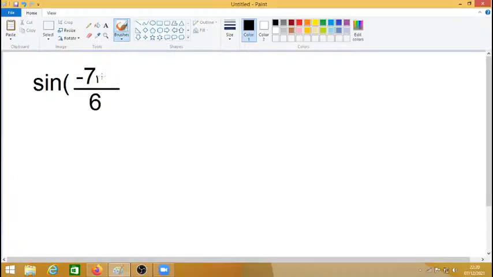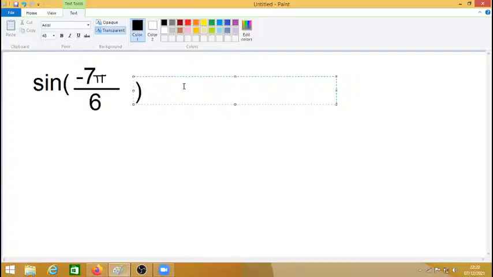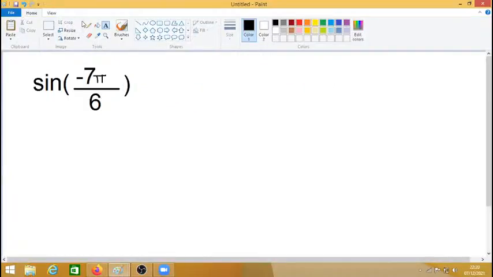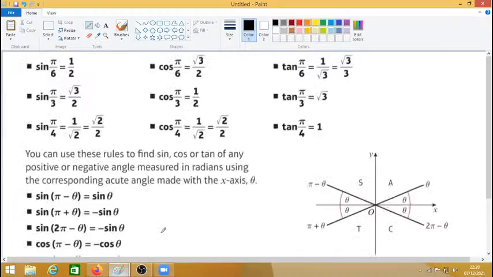But let's just try to spot which of the sine values that you'll have memorized by the time you go into the exam will be helpful. So when you look through your sine values, you've got sine pi over 6, sine pi over 3, sine pi over 4. It's probably going to be this one here, sine pi over 6 is equal to a half. So let's just copy that.